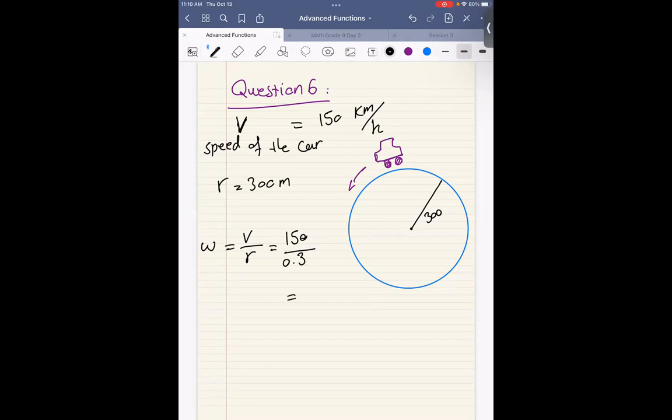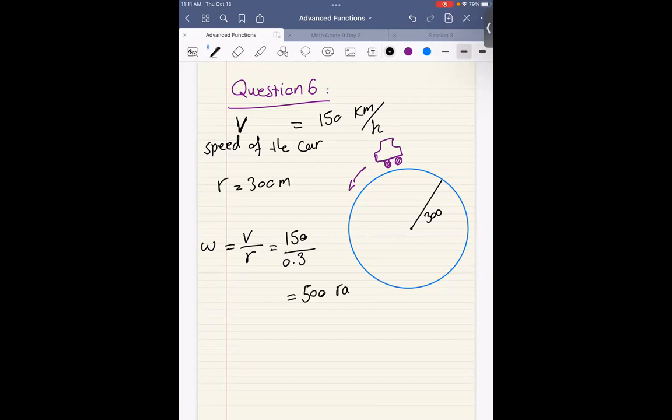So this is equal to 150 divided by 0.3, which is 500.